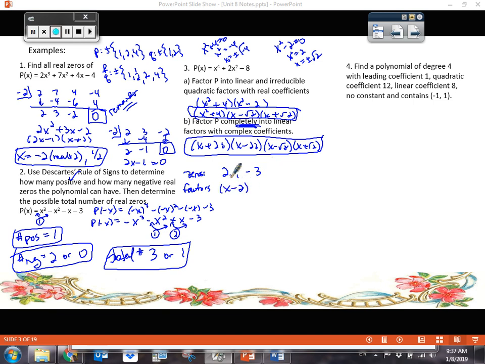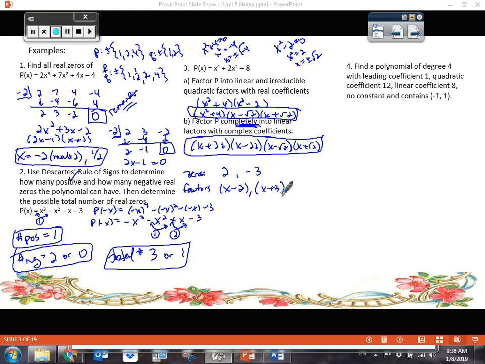That would be the factor for 2. I'm going from a zero to a factor. Important, again, vocabulary: if I ask you for zeros and you give me factors, that's a problem. So here, my factor would be x plus 3. We do this without thinking, but what are we doing? We're putting x minus in front of it: x minus the 2, x minus the minus 3.